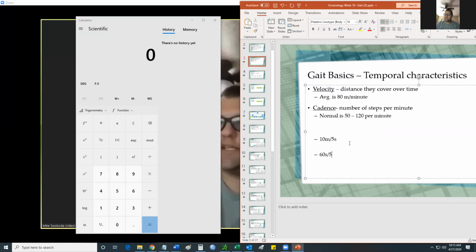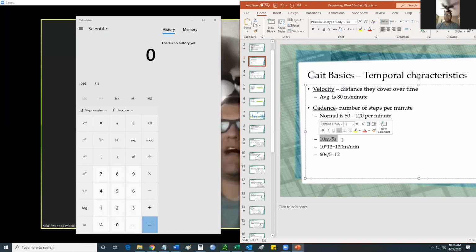So 60 seconds divided by 5 equals 12. I would multiply this here by 12. So 10 times 12 equals 120 meters per minute. So if I walked 10 meters in 5 seconds, that would mean I would be walking at a velocity of 120 meters per minute.